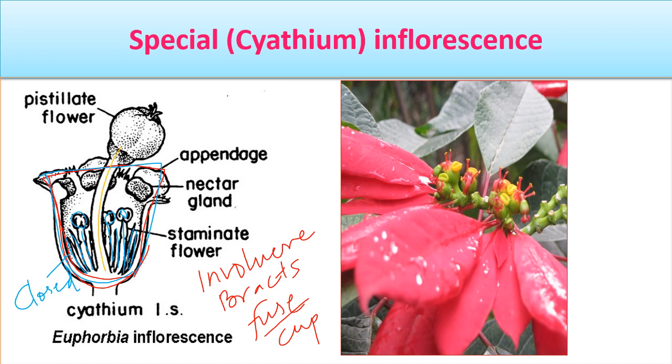If you look here, this central part is the stalk of the female flower, this is the ovary, and these are the styles and stigmas.